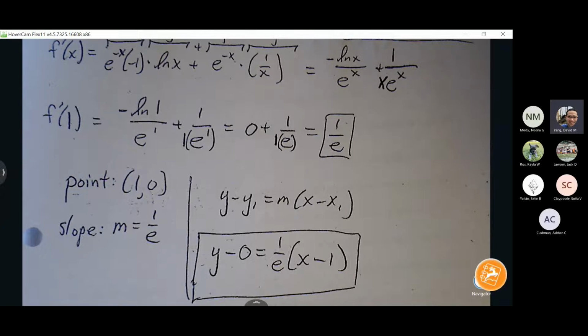Okay, let's do a derivative of an inverse at a point. Let's see if I can find one here.